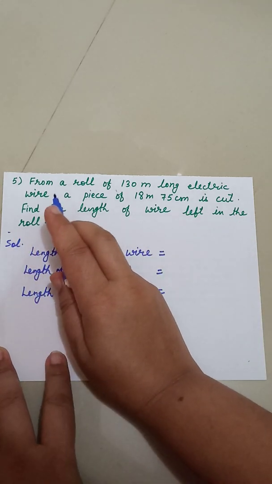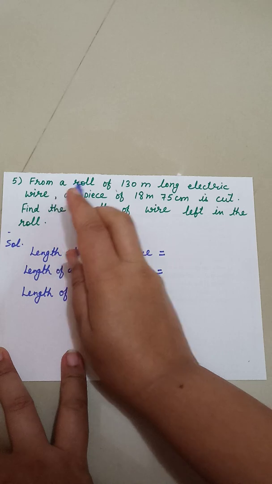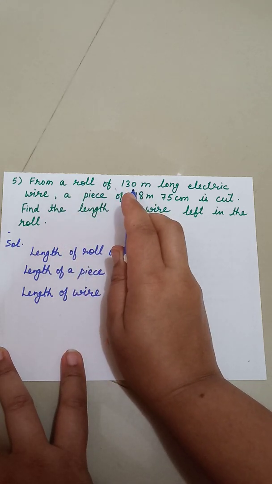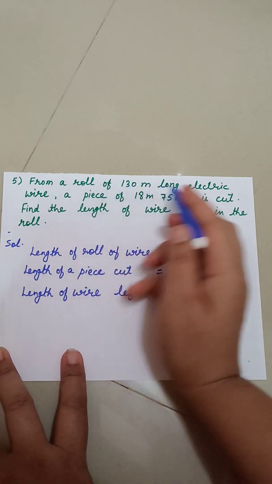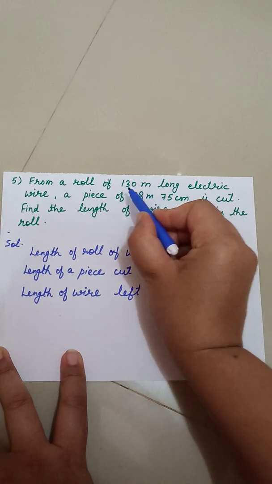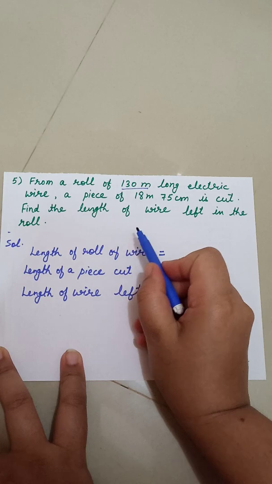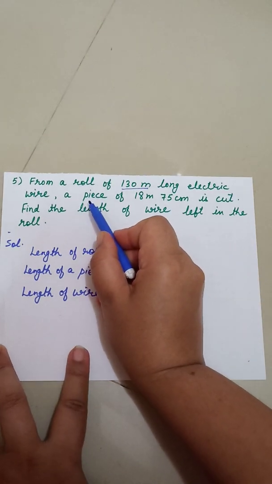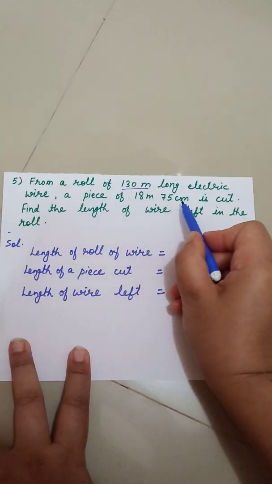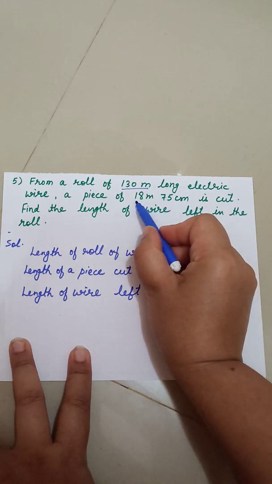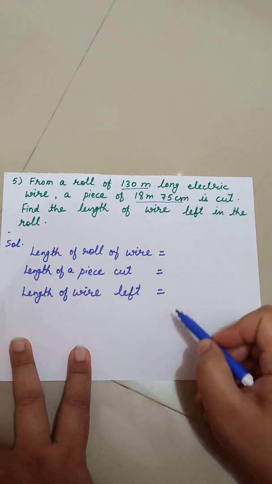So first of all, see what is given here. 130 meter. What is 130 meter? That is the length. 130 meter is the length of the wire. Now 18 meter and 75 centimeter. What is 18 meter and 75 centimeter?